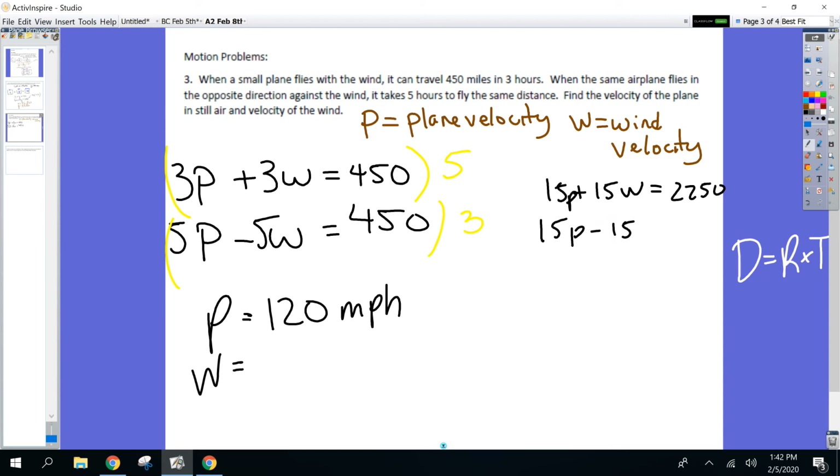What's that? Get 150 for the wind, I did not get 150. This is 1350. Thank you. That's 3600.